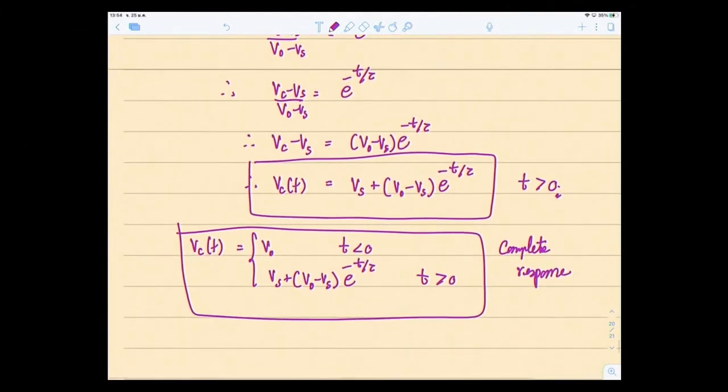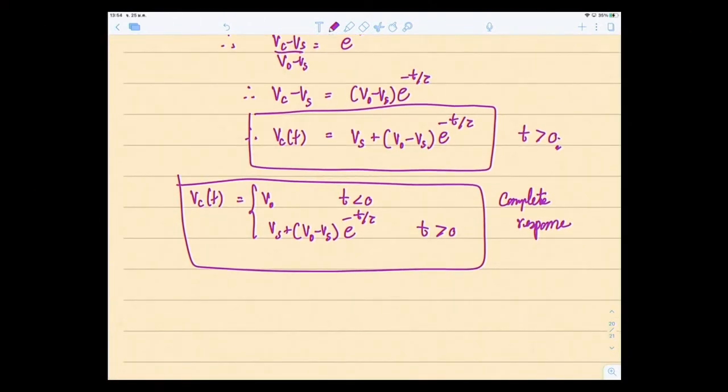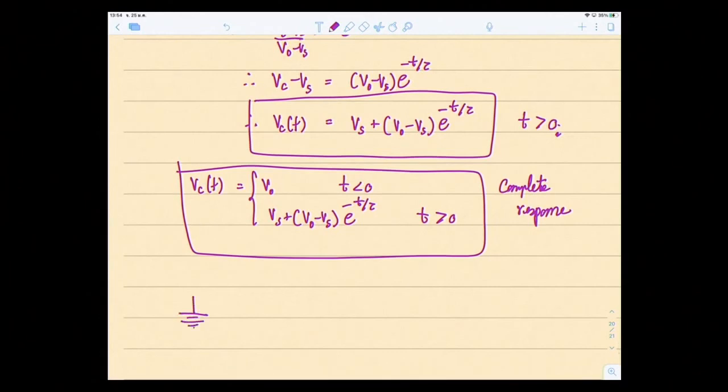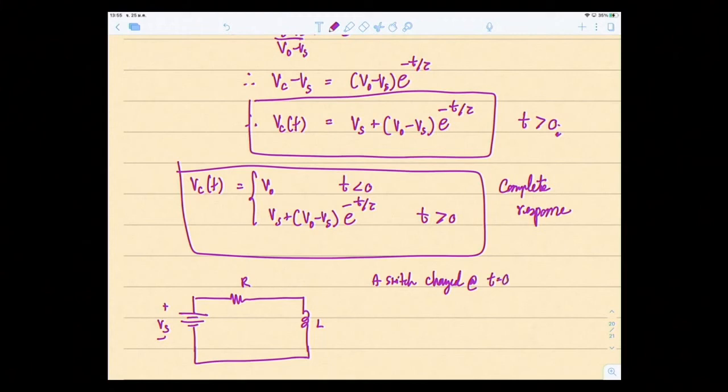So the next one I will do is the RL circuit. So let's look at an example, well, an exercise example. So RL, and of course there's a vs. We're going to assume in this case that there's some switch changing at t equal to 0, and the current IL at 0 is I naught.